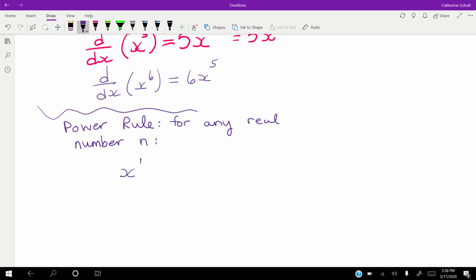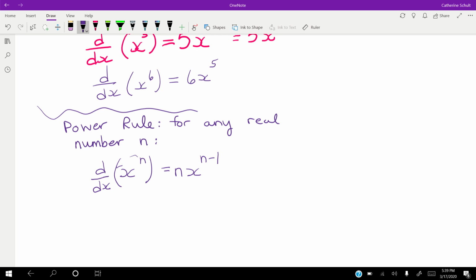The derivative of x to the n is n x to the n minus 1. Again, we bring down the exponent and then subtract 1 from the new exponent.